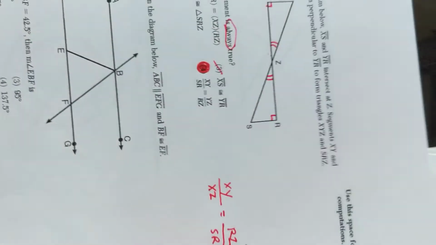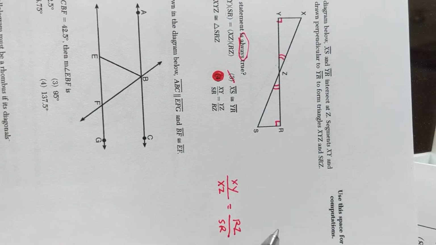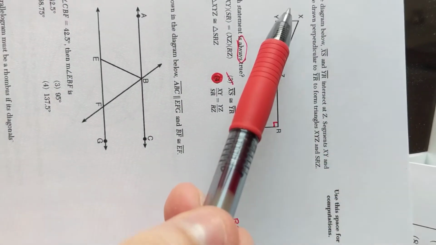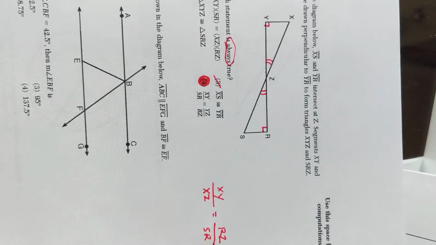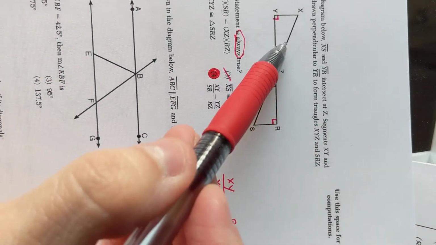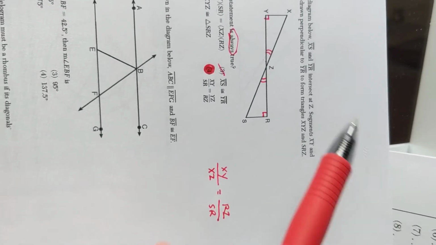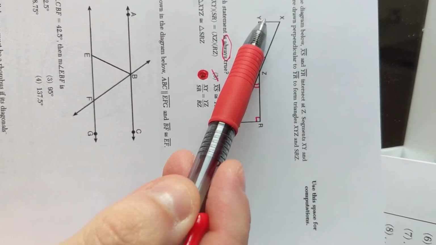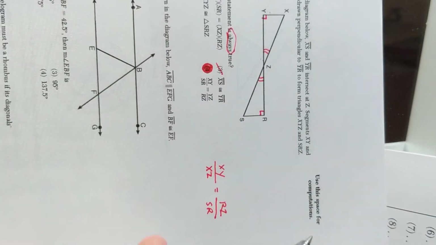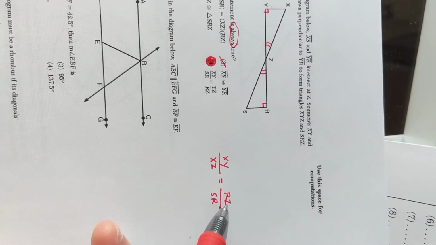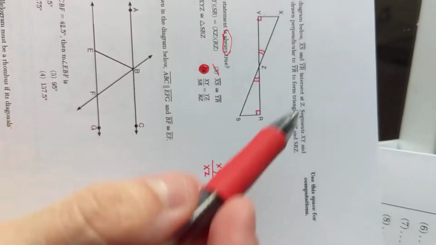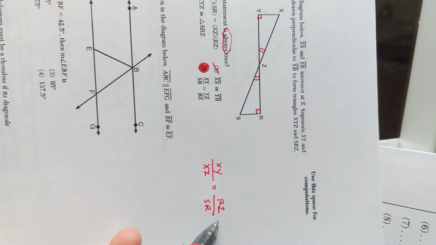Now let's take a look and see what this actually is. So XY is out here, and XZ is here. So you can write a proportion where you do something on itself over itself. But the problem is that XY, when you go the other way, does not correspond to RZ.